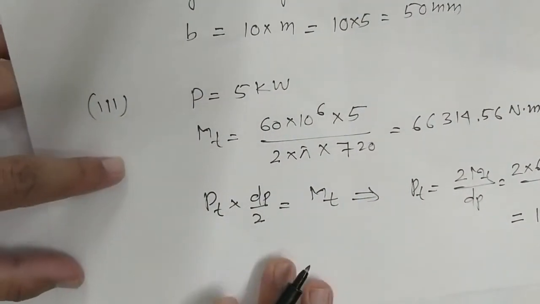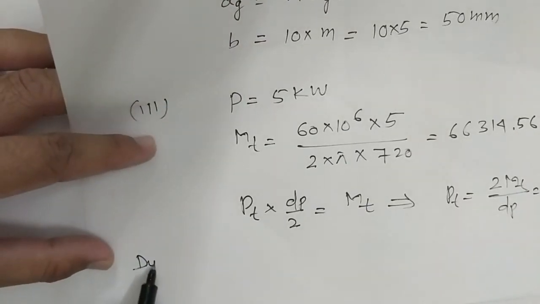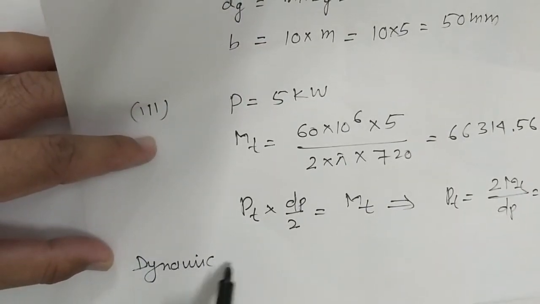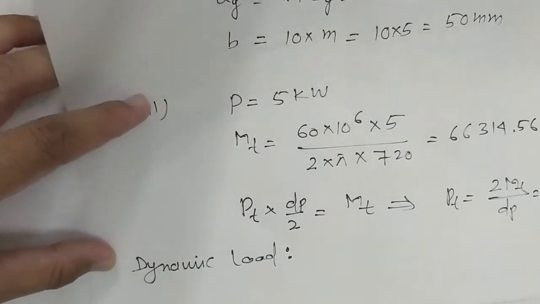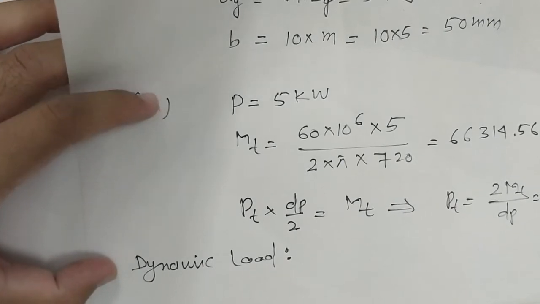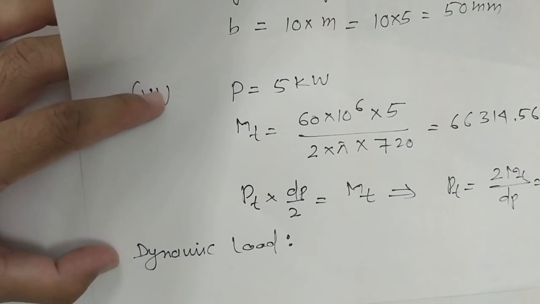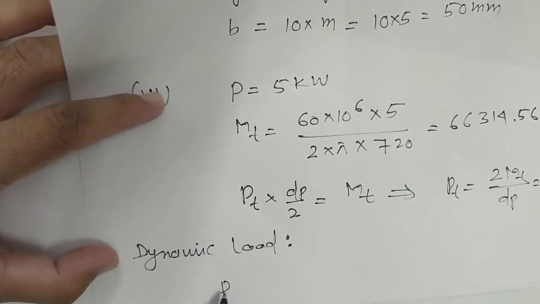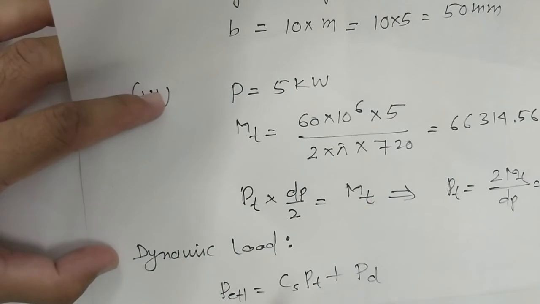Now dynamic load. So for grade 6, when we are going to find out the effective force, P effective is equal to Cs Pt plus Pd.